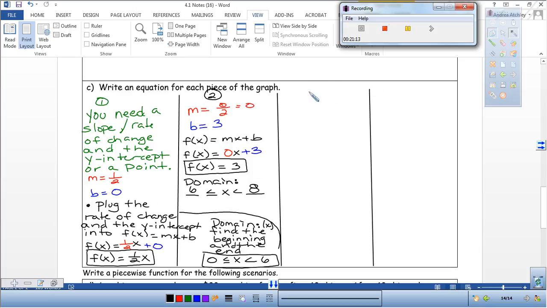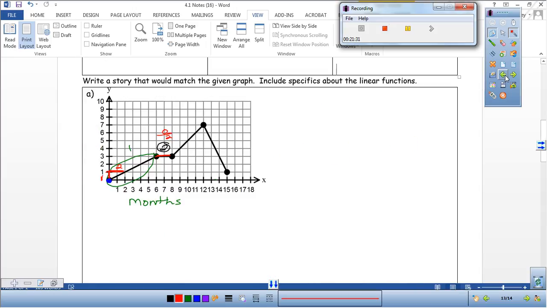Okay, number 3. Number 3 is new. Let's find the slope. Everyone go look at the slope and find the slope for number 3, our third line. So this is number 3 right here.